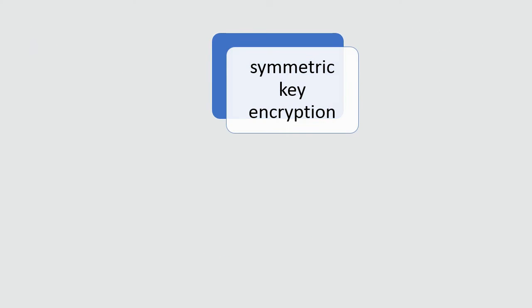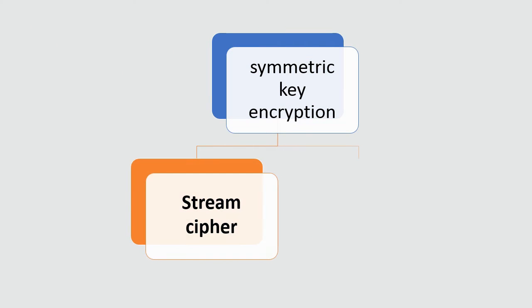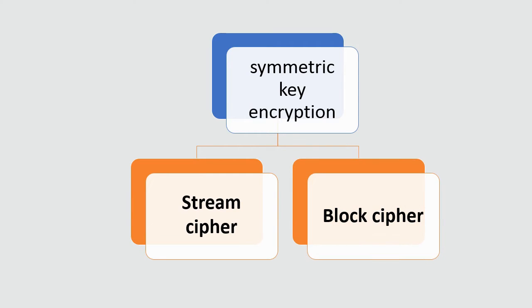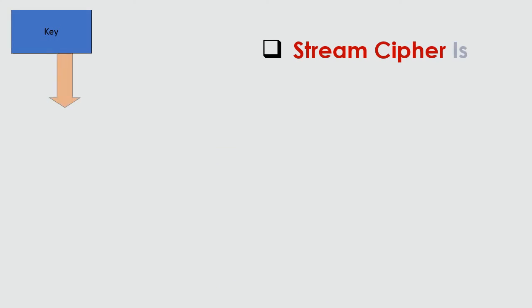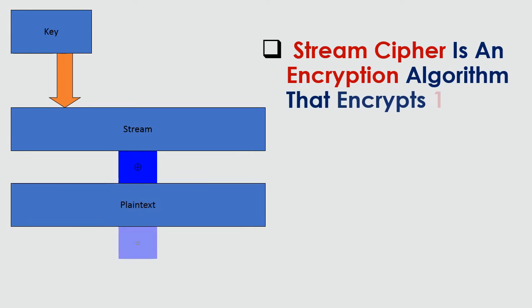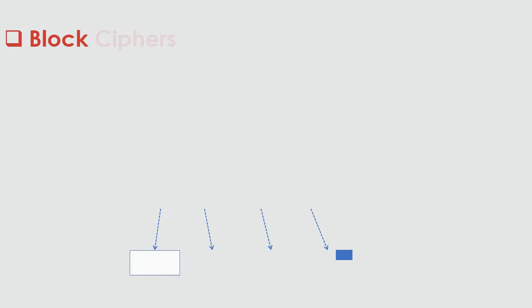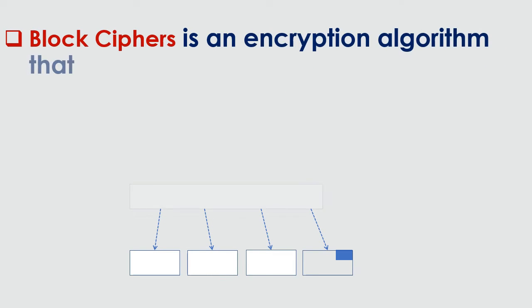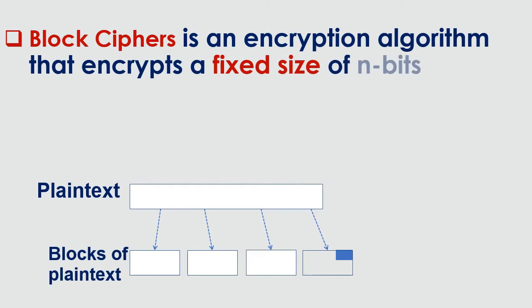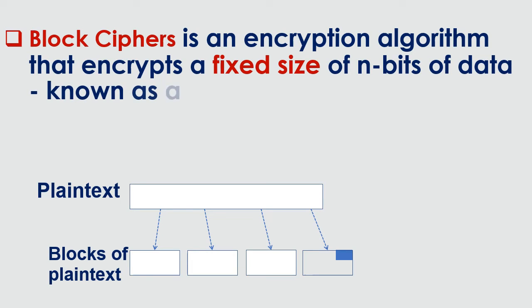Based on the algorithm, symmetric key encryption can be categorized into two types, stream cipher and block cipher. Stream cipher is an encryption algorithm that encrypts one bit or byte of plaintext at a time. Block cipher is an encryption algorithm that encrypts a fixed size of n bits of data, known as a block, at one time.